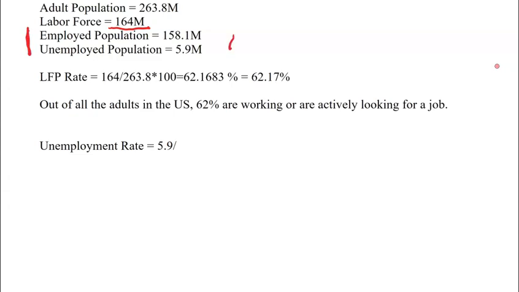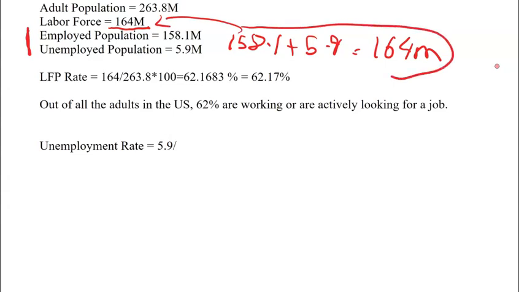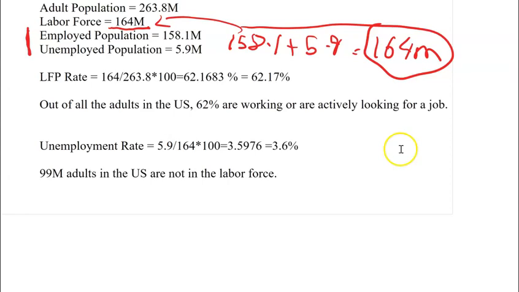So if I add 158.1 plus 5.9, this becomes around 164 million, which is the labor force. So this number is that number. So the unemployment rate is, I have 5.9 million people unemployed out of a total labor force of 164 million, times 100, which equals 3.6%.